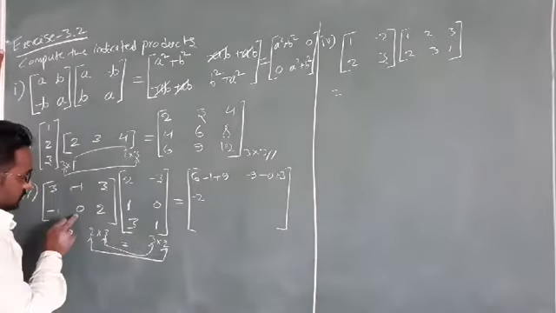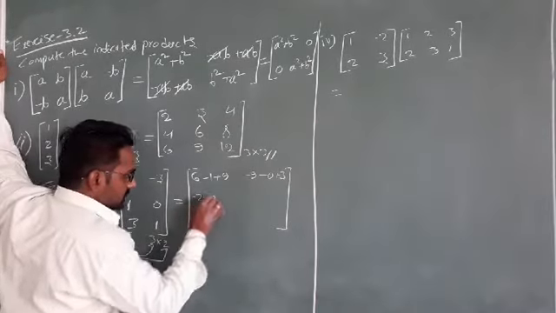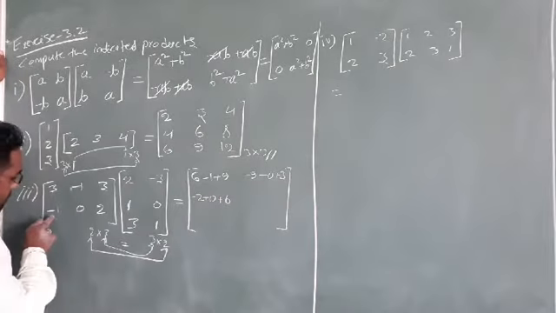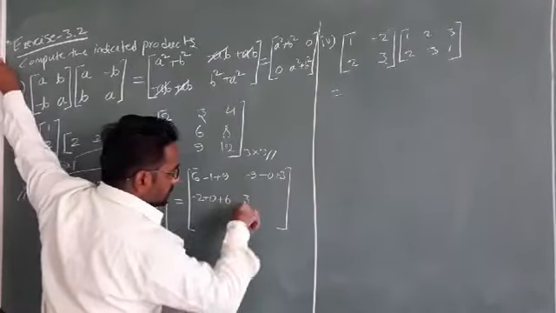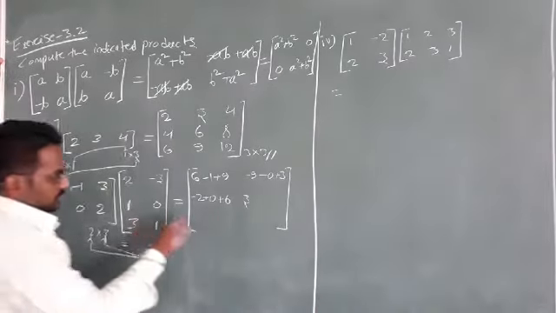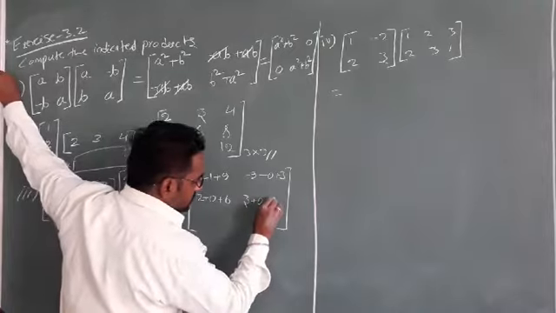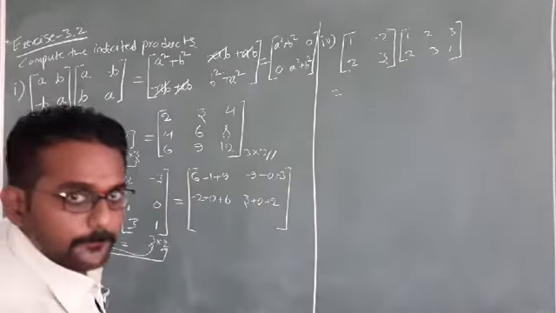0 into 1, 0. 2 into 3, that is 6. Minus 1 into minus 3, plus 3. 0 into 0, plus 0. 2 into 1, plus 2. Okay.